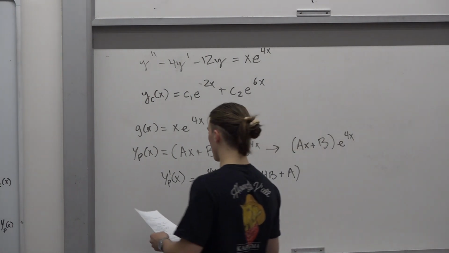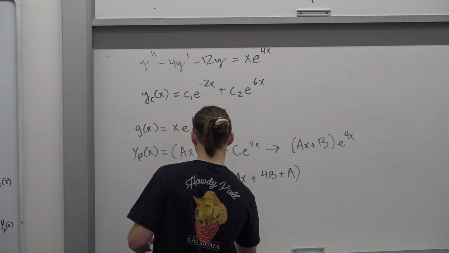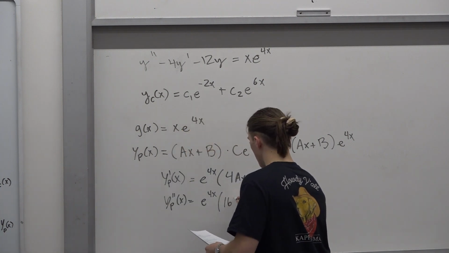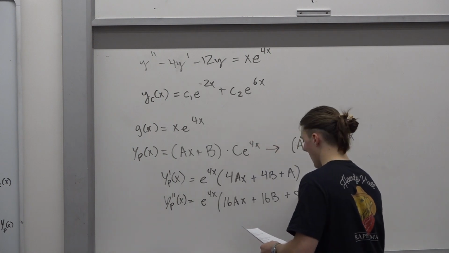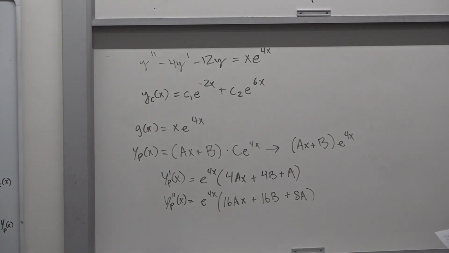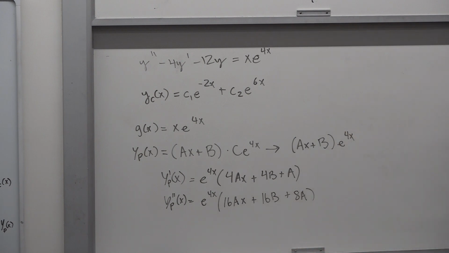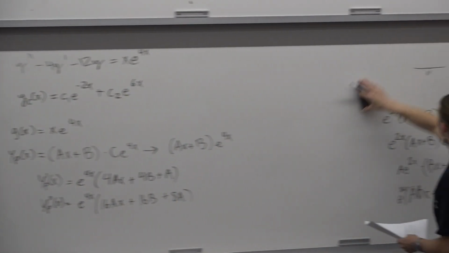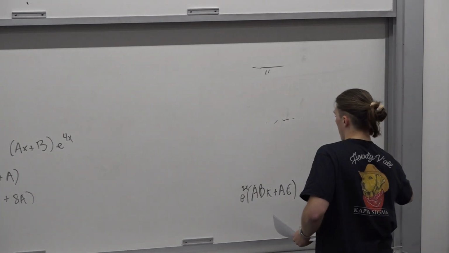And then our second derivative is e to the 4x times (16ax plus 16b plus 8a). So let's plug it in. Let's solve for just a and b.